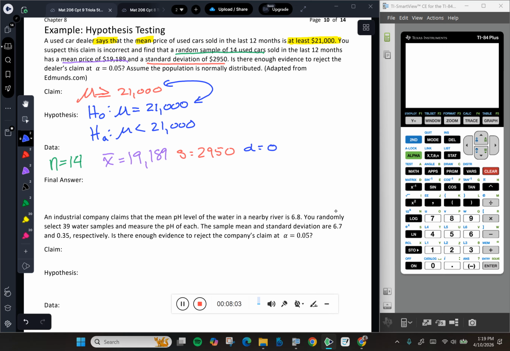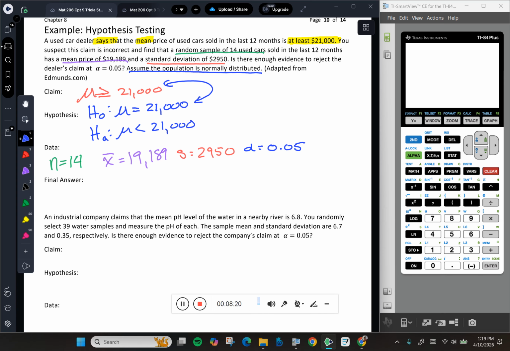Alpha equals 0.05, and I'm supposed to assume the population is normally distributed. Okay, good. So that means that our small sample's okay because the population of car prices is normally distributed. Okay. So I think I've got everything I need here.